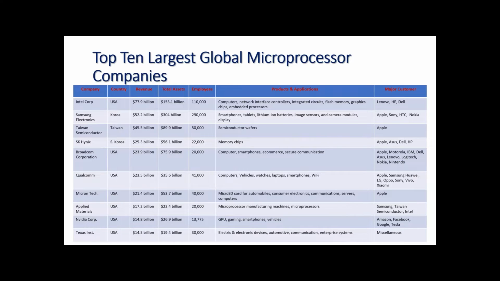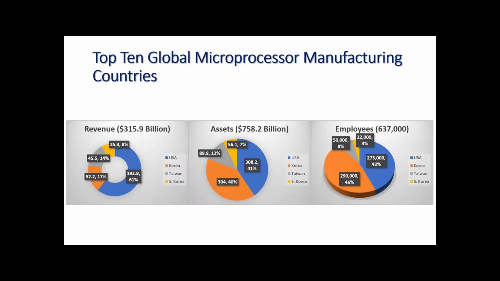Basically, what the US has done is that the US has transferred low-level jobs all over the world, and they are focusing on high-end jobs and high value addition. And also there is a Korean company, Hynix, which specializes in memory chips. Otherwise, you can see that American companies dominate the market, and this is more obvious from this pie chart.